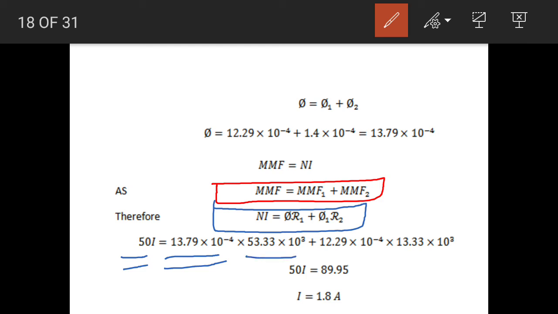R1 is 53.33 into 10 raised to power 3 plus phi 1 is 12.29 into 10 raised to power minus 4, and R2 is 13.33 into 10 raised to power 3. So finally we obtain this particular equation and we can calculate the current of the coil, which is 1.8 ampere.